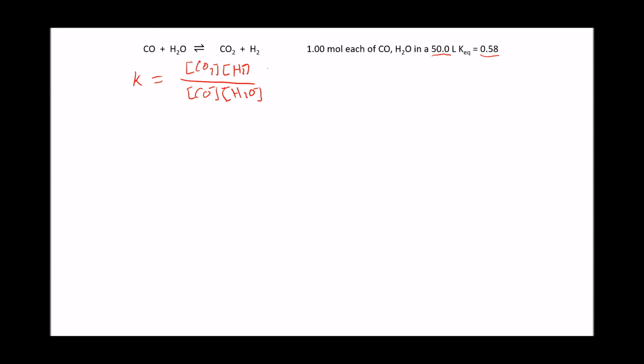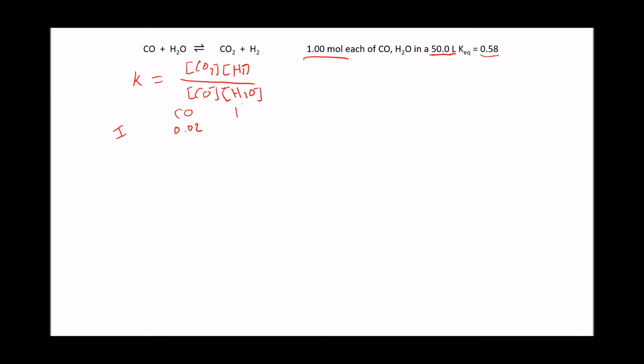And the second step is to think about what change you are expecting for the reaction. So you start with the initial condition with carbon monoxide at a concentration of 1 mole divided by 50 liters to get the molarity, which is 0.02 molar.